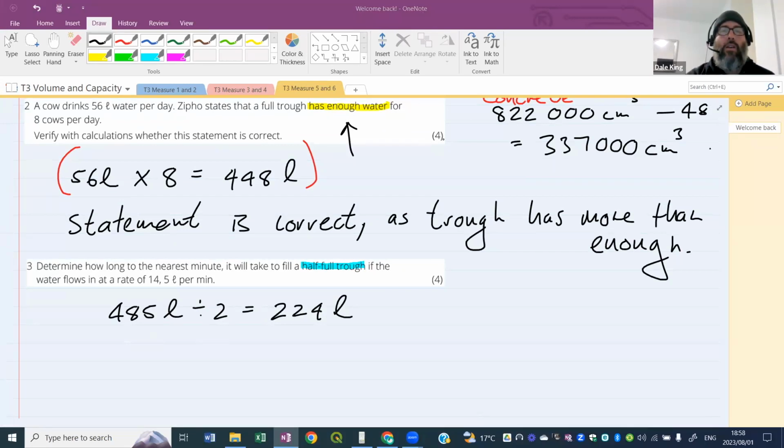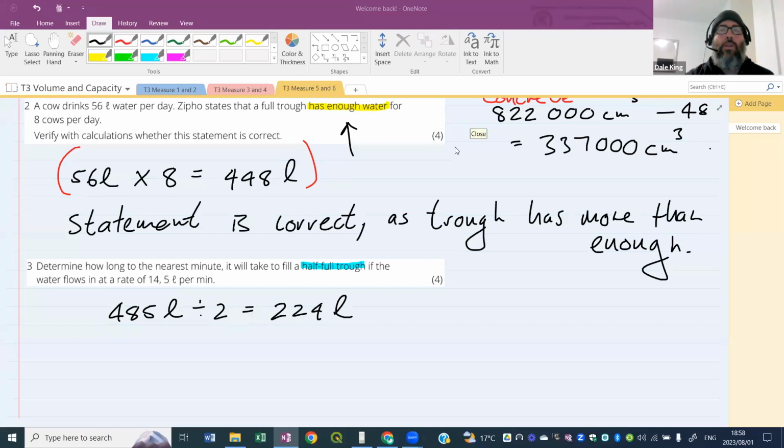Also just don't forget to round off to the nearest whole minute. Ben's changing his to 15 quickly. That's fine, Ben. We're going to wrap up the lesson now by going over this last one.